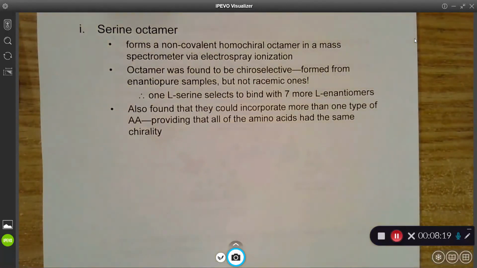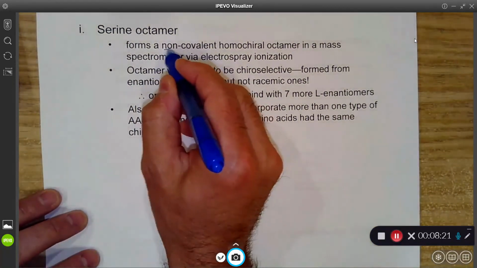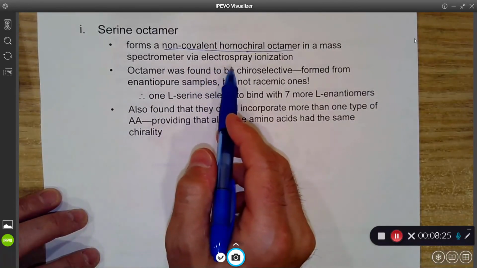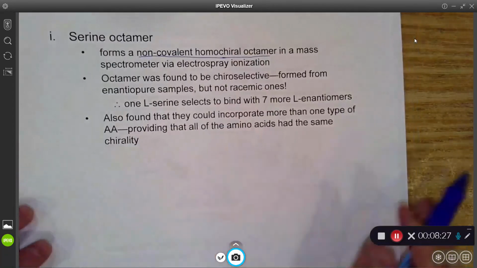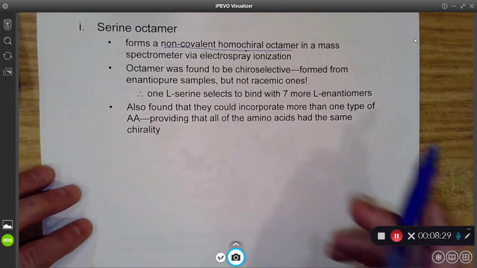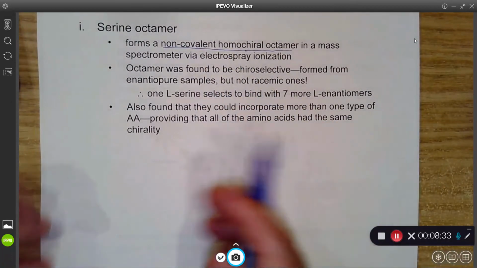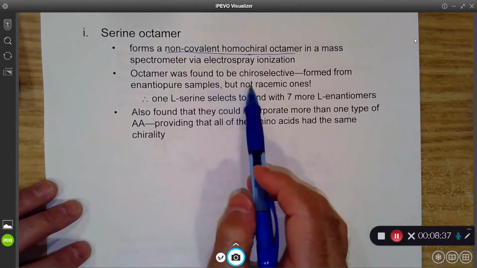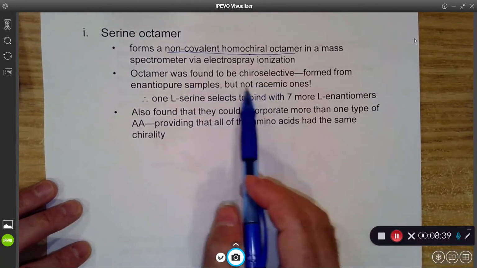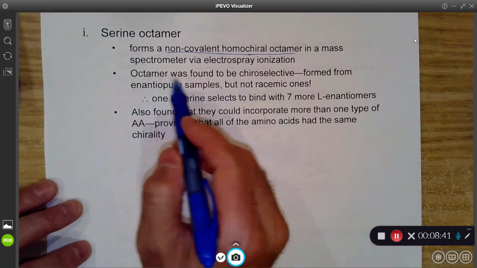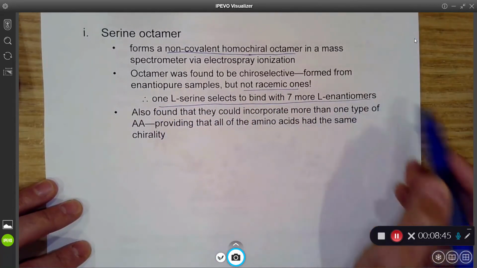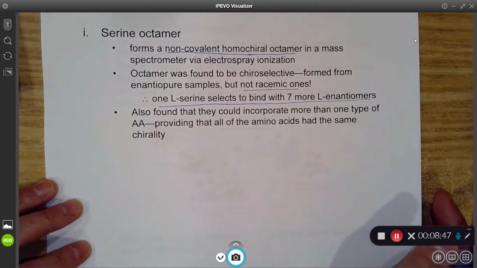The Serine Octamer experiment forms a non-covalent homochiral octamer in a mass spectrometer via electrospray ionization. So they characterized this using a tool called electrospray ionization. At high temperatures, this thing was quite strong and stable. As I mentioned, it was chiral selective. It formed with enantiopure samples, but not with racemic ones, and only L-serine binds with 7 more L enantiomers.